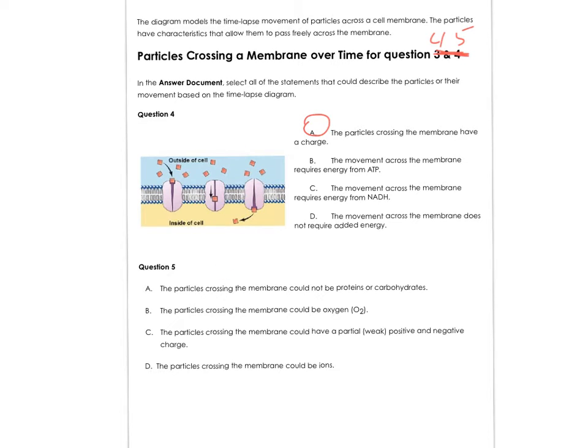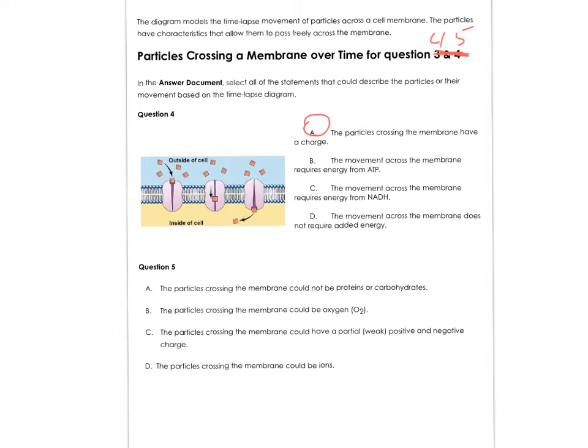And if they could get through, they could not have a charge, right? Well, this one, they can't get through. They need help. So they could be charged. Remember, the question says statements that could describe the particles, and A is one of those that could. All right. B, the movement across the membrane requires energy from ATP.